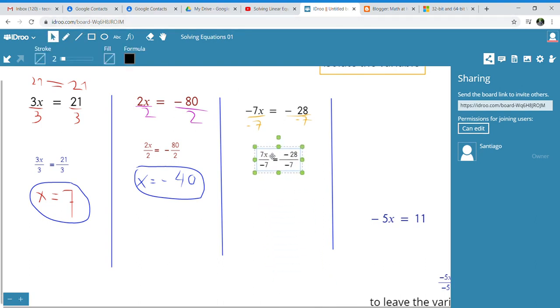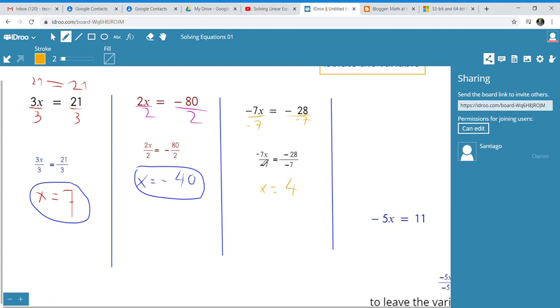Which is this, okay? What do you get? Minus 7x divided by minus 7 equals x, equals minus 28 divided by minus 7, again positive, 4.